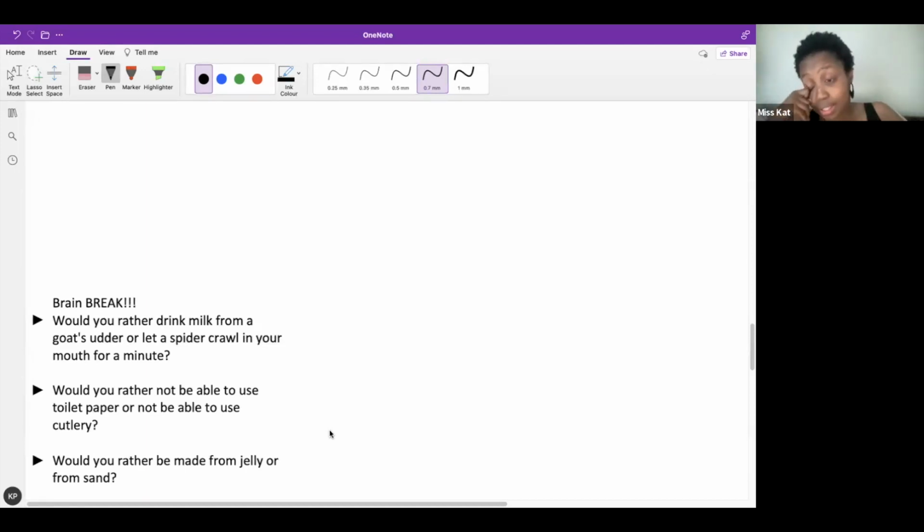I'm going to go with sand, because with jelly I would have melted, I would have been a puddle by now. And how are you going to swim also? Rika says all the bugs would be on you. I never thought of that. Oh, yeah, I would actually die. But imagine I'm made of sand and then the ants are living in me. No way.